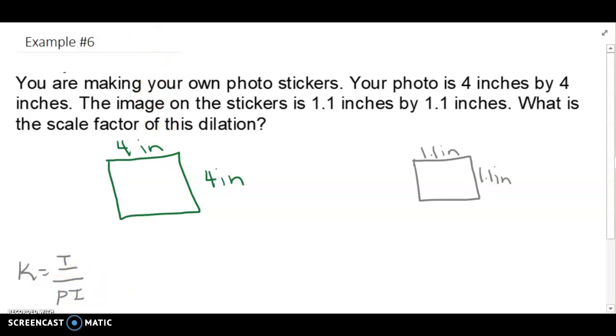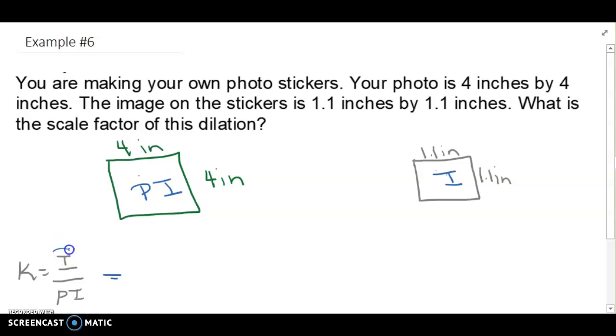All right, now we need to decide which is the image and which is the pre-image. Okay, so we're starting with our photo, and then we're ending with the stickers, right? So what we start with is our pre-image. What we end with is our image.